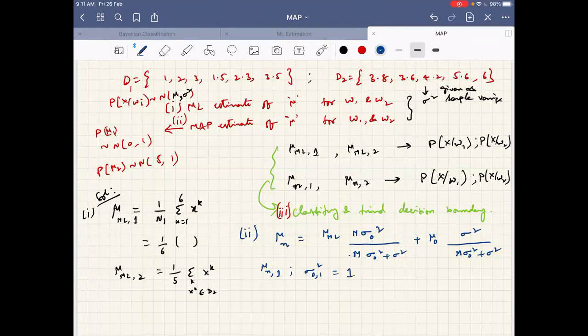Yeah, it is 1. And then mu naught for class 1. 0, very good. And then m for class 1. 6. Okay, and then ML estimate for class 1 anyway you have here.